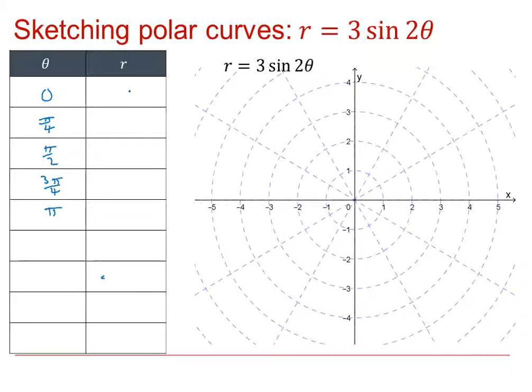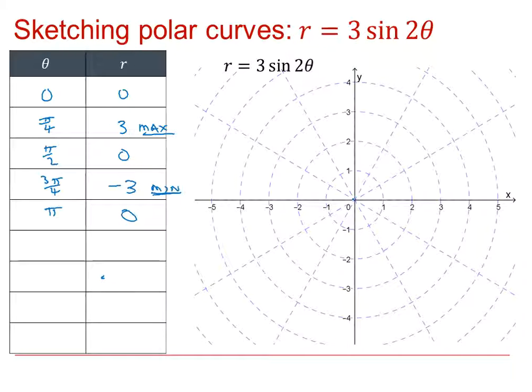So using these values of theta, we get r equals 0, r equals 3, which is the maximum value of r we can get from 3 sine 2 theta, r equals 0, and this is the interesting one. When theta is 3 pi by 4, we actually get r equals minus 3, which is the minimum value, and we'll have a look at that in a bit more detail in a moment. And when we do pi, we are back at 0.